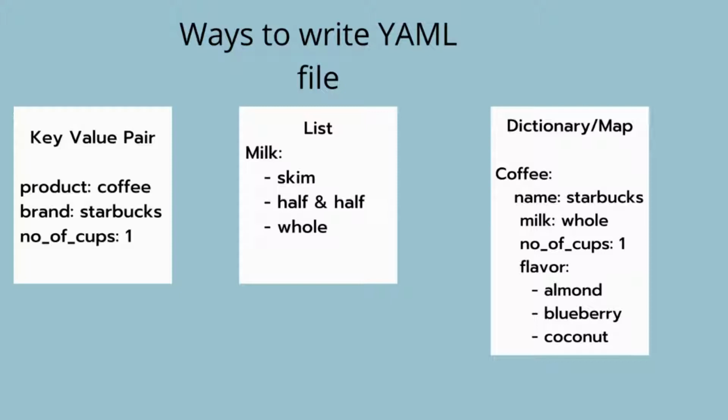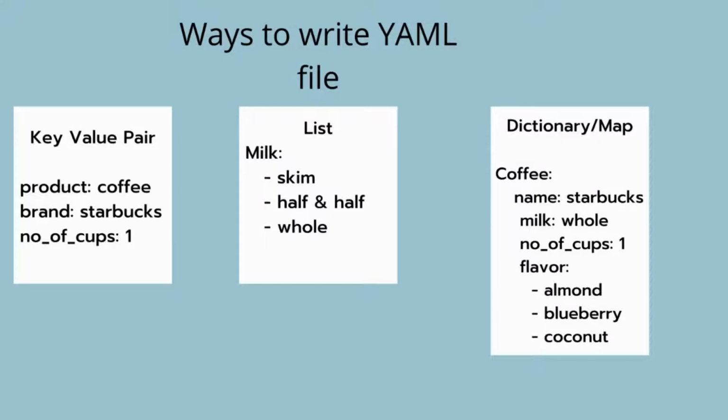The key value pairs in this case are name, which is Starbucks, milk, which is whole, and number of cups I need, which is one. And the list here is flavor. So you can have a coffee of almond flavor, coconut flavor, or blueberry flavor. I hope you got a basic understanding of how to write a YAML file in different ways.